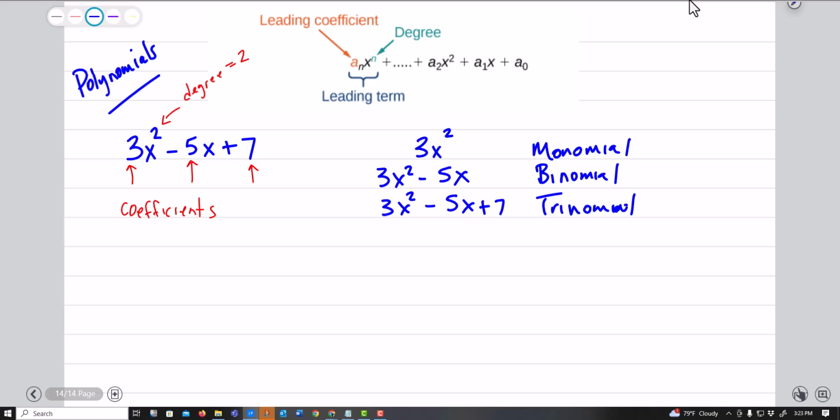Now, what you'll start to do with these is you will learn to collect like terms by, say, adding. So let's say I had something like 6x plus 9 plus 3x plus 2.